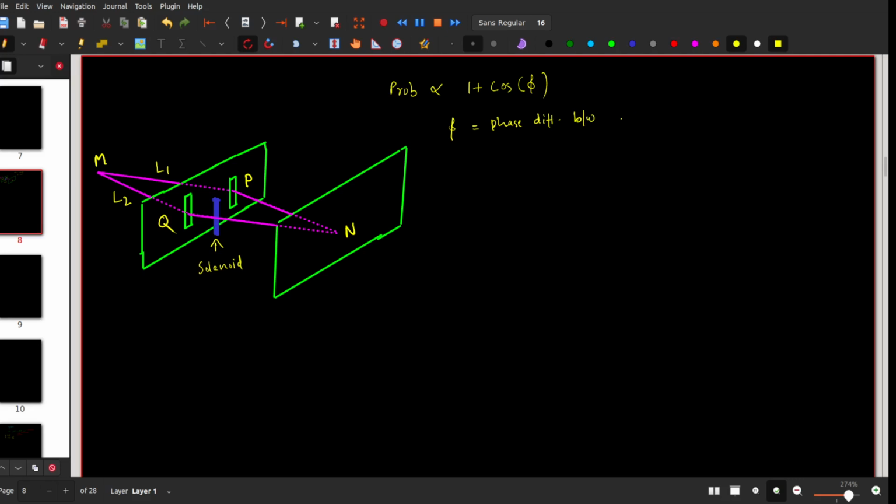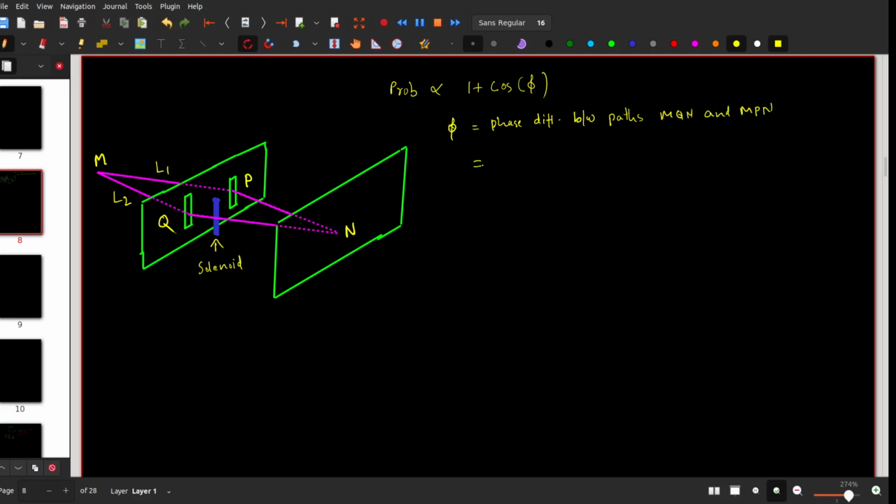between paths MQN and MPN. We calculated this phase difference and we found that there were two contributions to it.